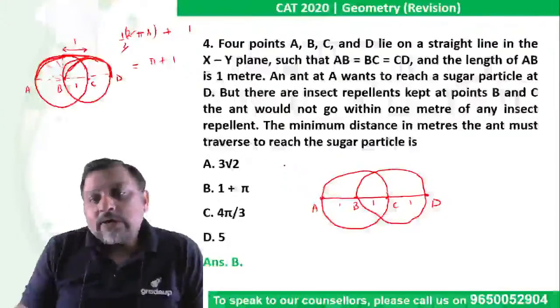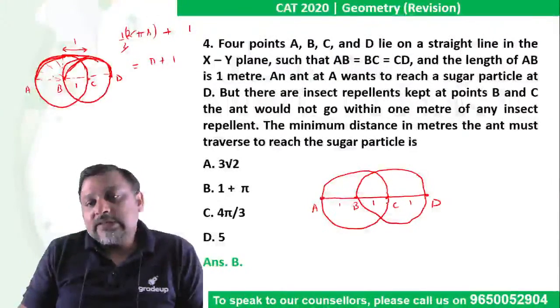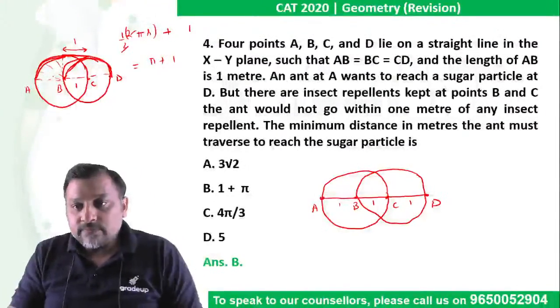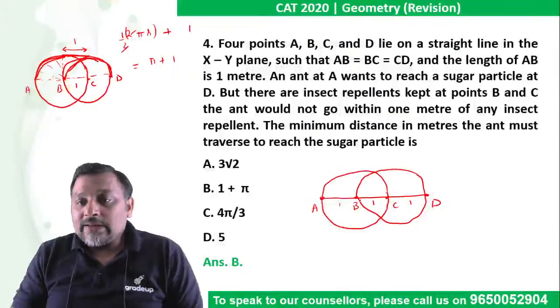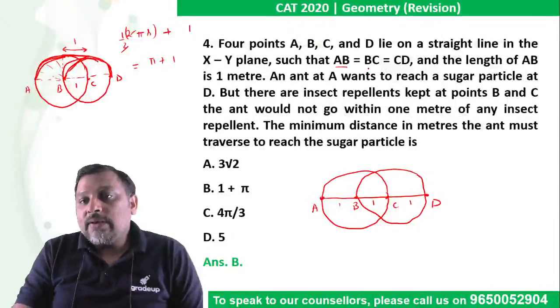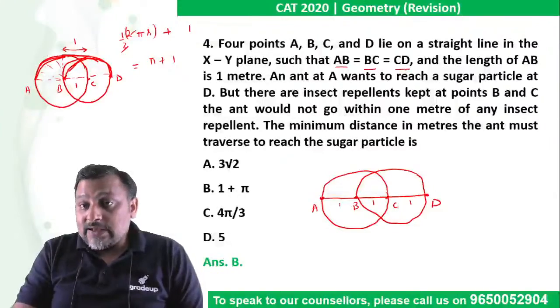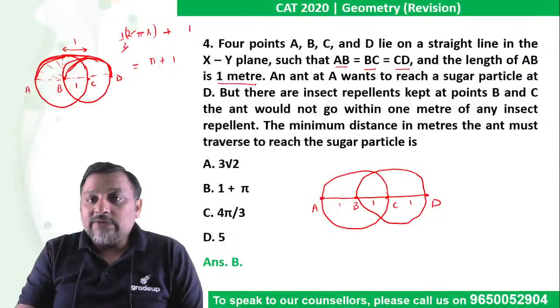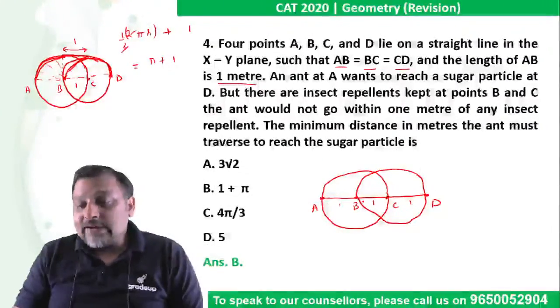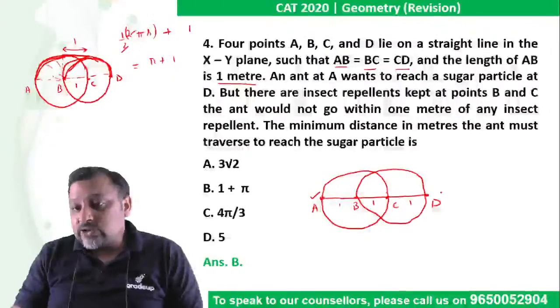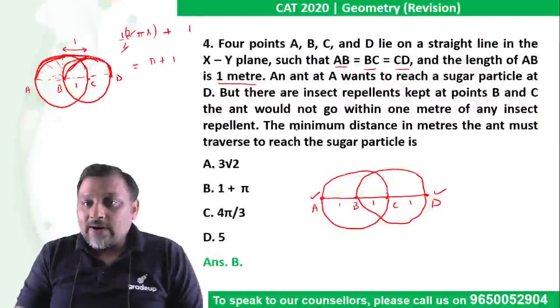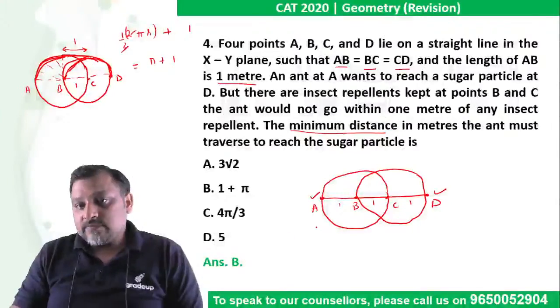See, Surya, what we are saying is, if I say these are the 4 points, and the distance of AB is same as BC, which is same as CD, and this is given to be 1 meter, and ant is at point A, it needs to reach here by traveling the minimum distance.